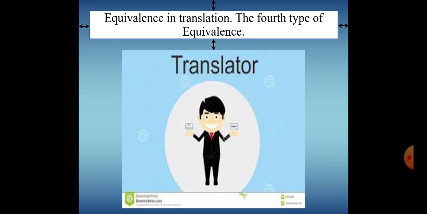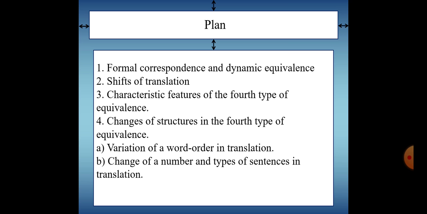Today we are going to study the fifth lecture, which is called Equivalence in Translation, the fourth type of equivalence. Please write down the plan of our lecture. There are 4 points. First, formal correspondence and dynamic equivalence. Second, shifts of translation.